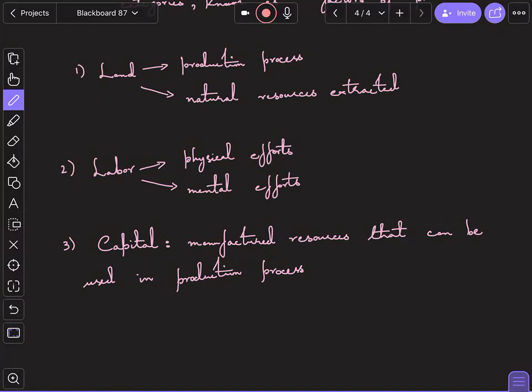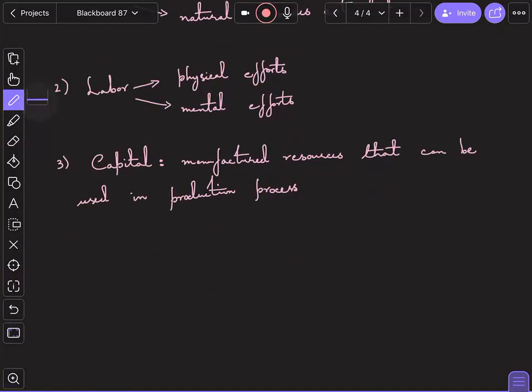And the fourth one and the most important one is your factor of production, enterprise. What is enterprise, guys? Enterprise refers to the risk taking ability of a person or of someone who manages all three other factors of production and starts the production process.